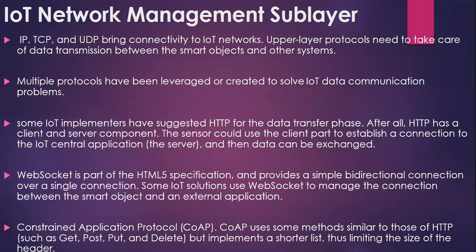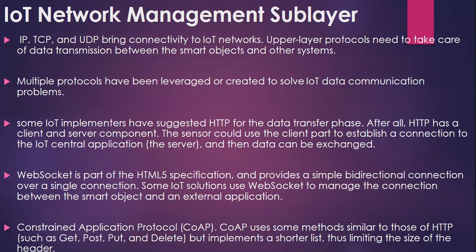Then the IoT network management sublayer. Here, using TCP and UDP, the information is brought to the upper layer. This is the junction between the application layer and the network layer. So here we need to convert the data format into the form the application software is expecting.